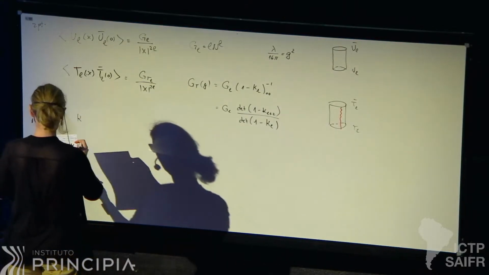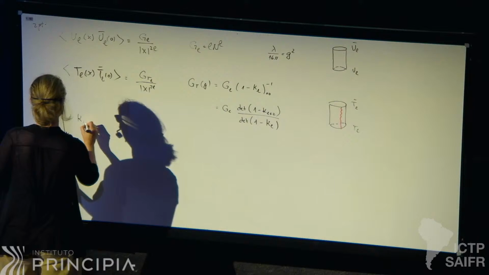So now what is this matrix here? I said that it's a semi-infinite matrix.